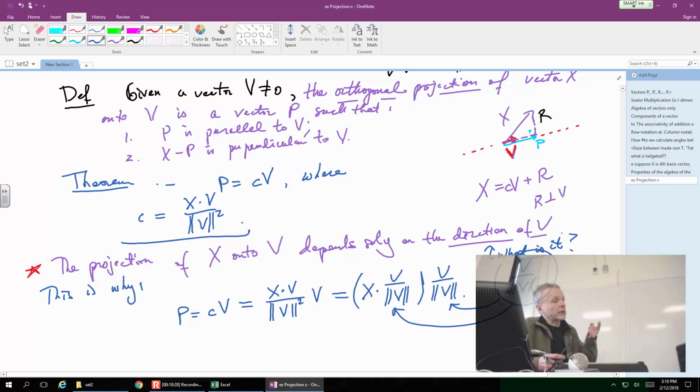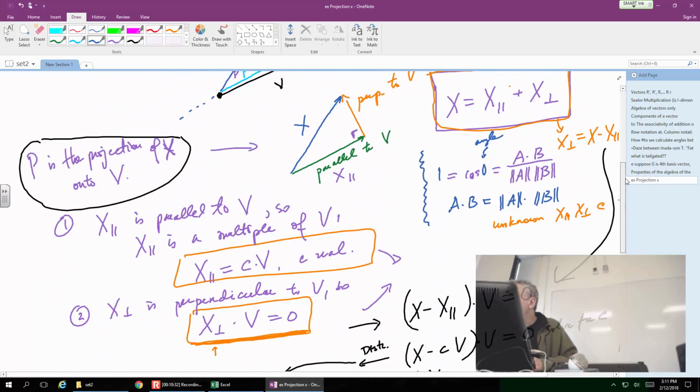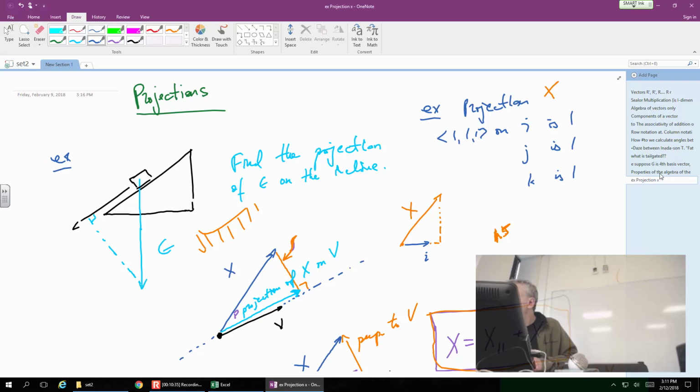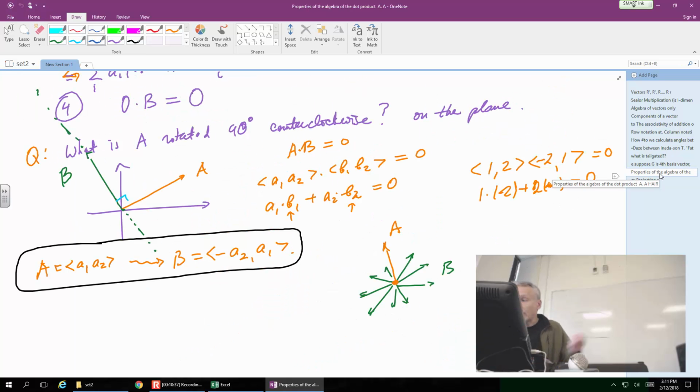Okay, so the picture that I had just some time ago about projections: if you want to have a projection of a vector A on the plane, then you have to look at the projection on every single vector in that plane. Not a single one, but all of them, and they point in all possible directions. So that's the missing part.